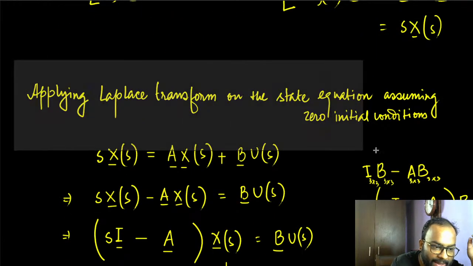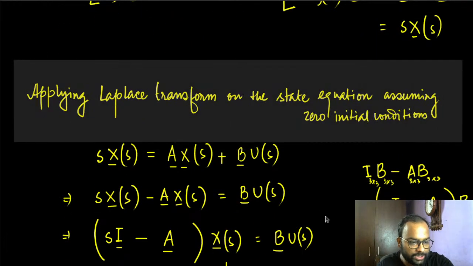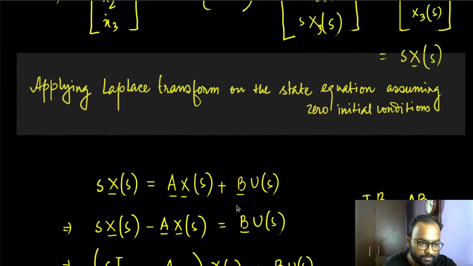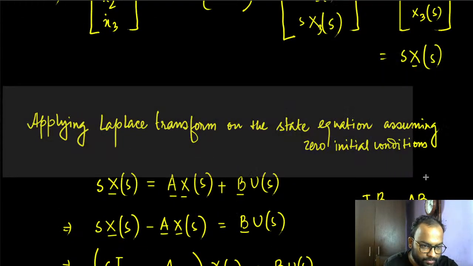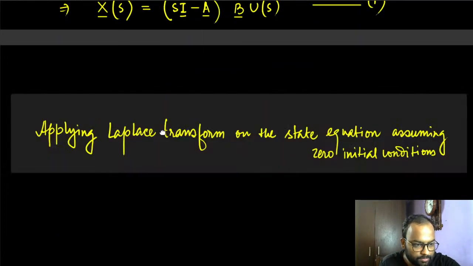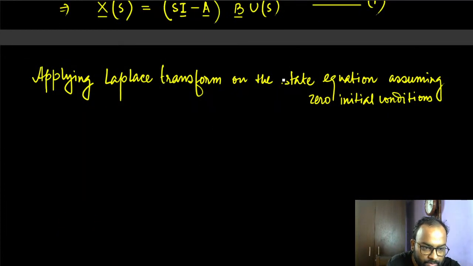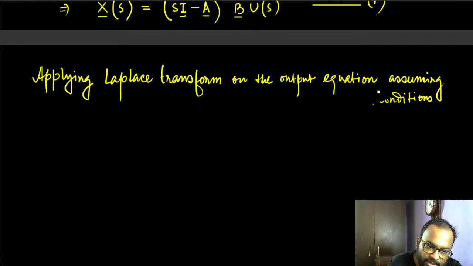Now let's apply the Laplace transform on the output equation, and I don't have to assume zero initial conditions because that's not needed. That only comes for the differential equation.